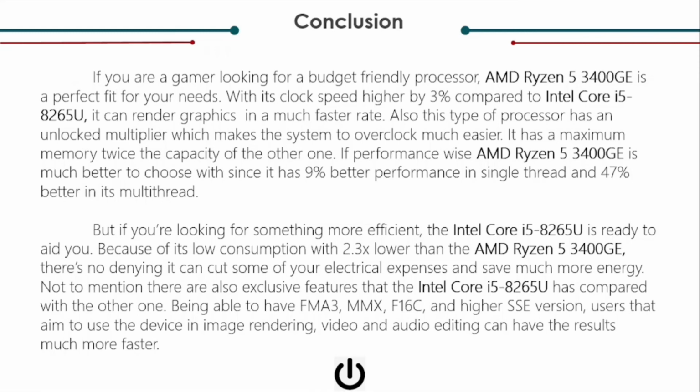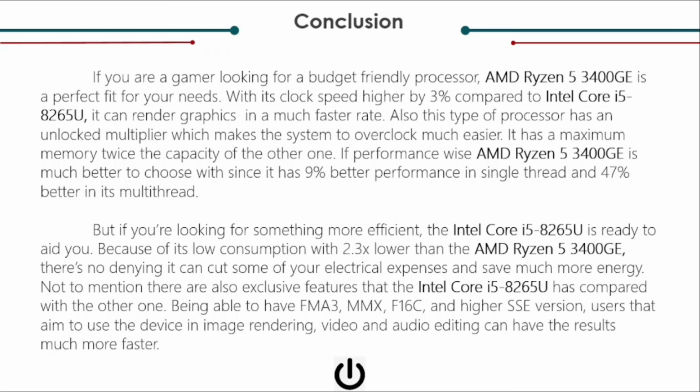It has a maximum memory twice the capacity of the other one. Performance-wise, the AMD Ryzen 5 3400GE is much better to choose, since it has 9% better performance in single thread and 47% better in multi-thread.